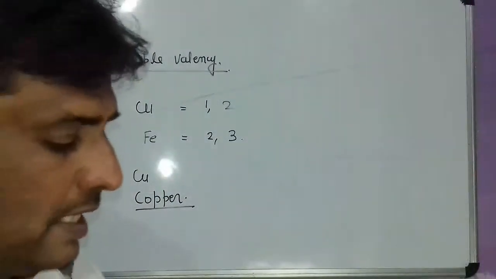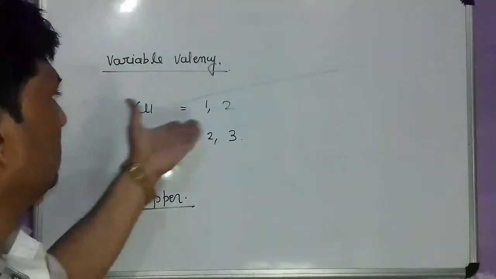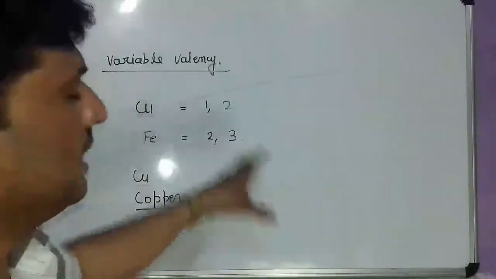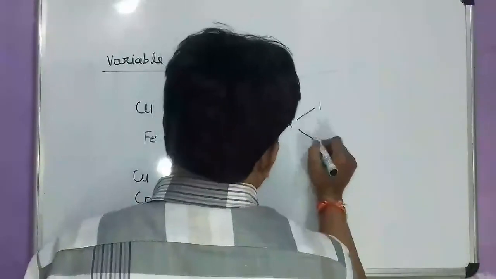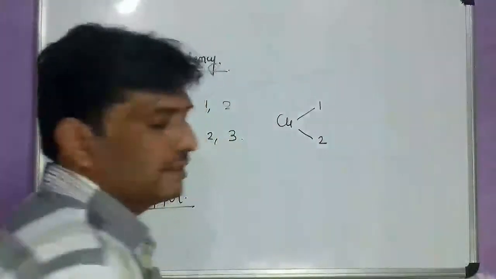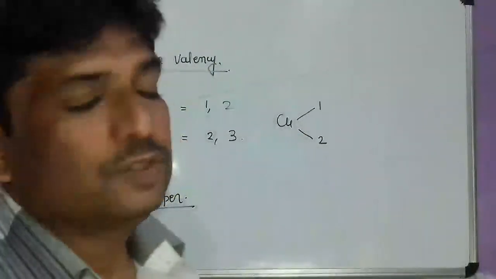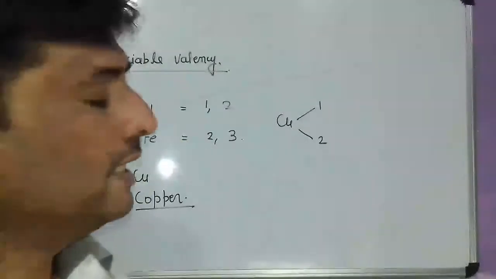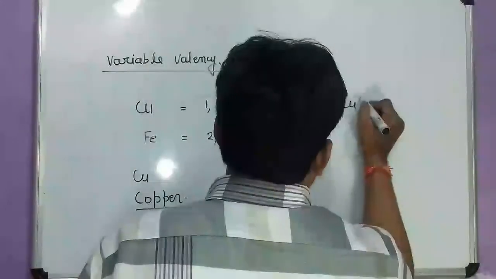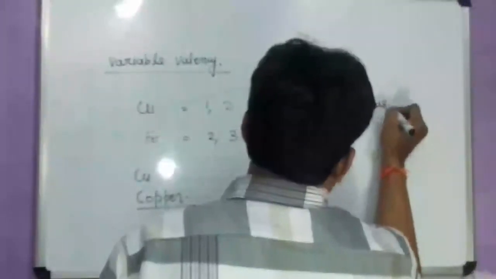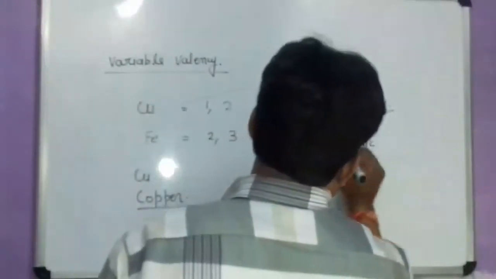But I was saying cuprous, because here it shows two valencies. Cu shows two valencies, first and second. Copper showing one valency is named cuprous, and the other is cupric.